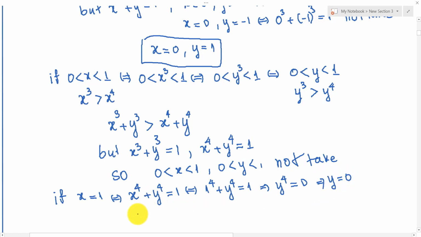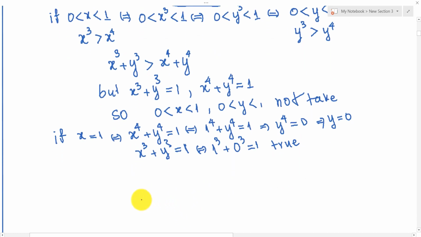And from x^3 + y^3 = 1, we get 1^3 + 0^3 = 1, is true. Okay, we have the second solution: x equals 1 and y is equal to 0.